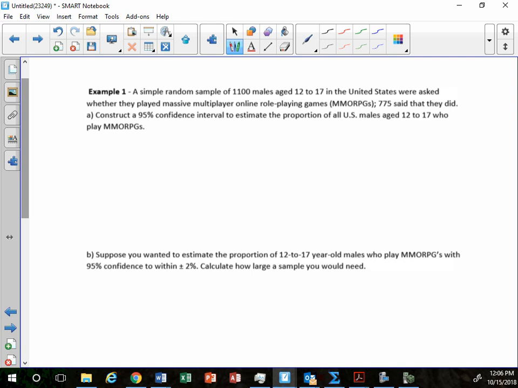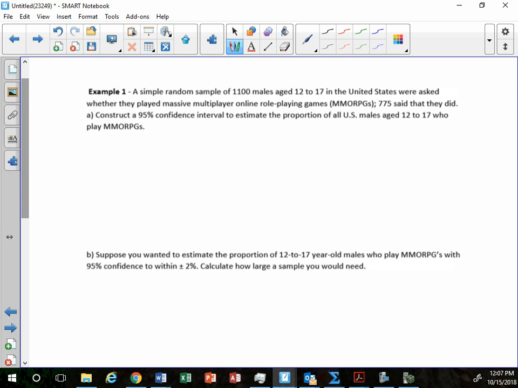We're going to construct a 95% confidence interval to estimate the proportion of all U.S. males aged 12 to 17 that play MMORPGs.